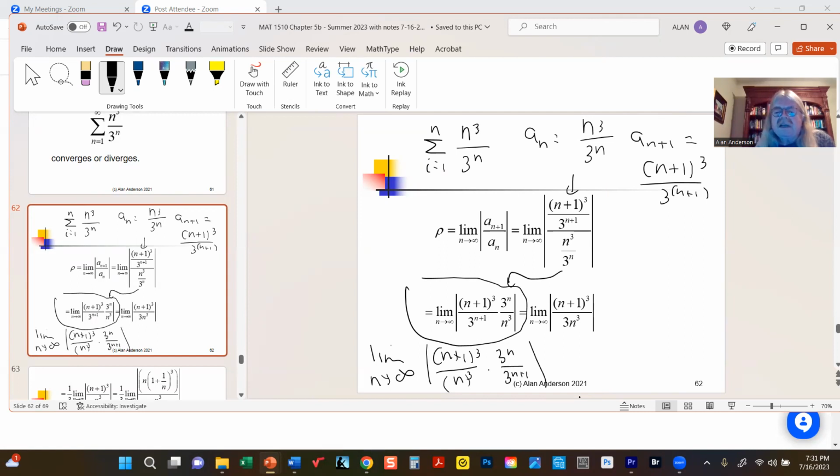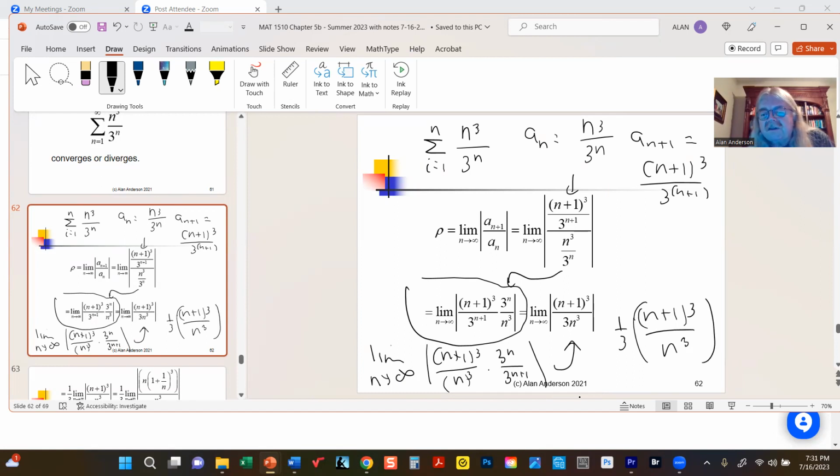Now, clearly, the second term is just equal to 1/3. Actually, this first term doesn't reduce, does it? No, so you end up just with this, which is the equivalent of saying 1/3 times (n+1) cubed over n cubed.